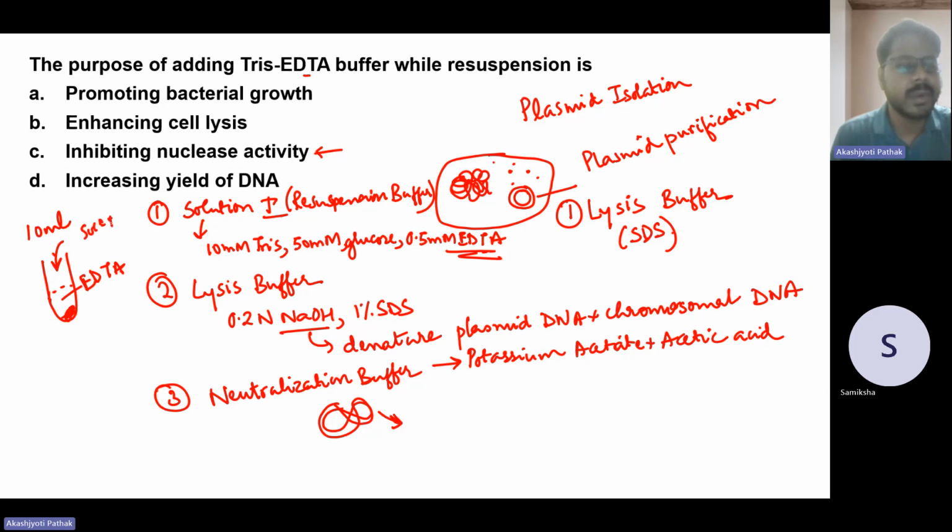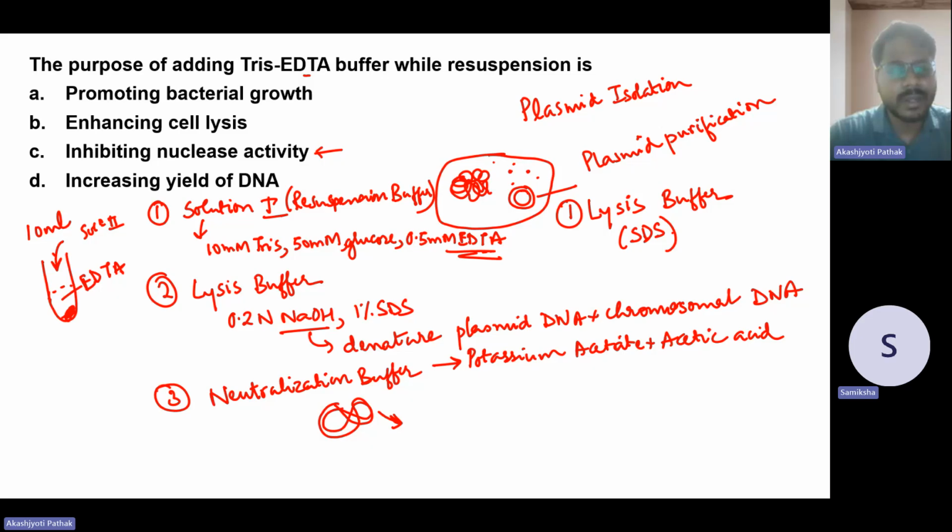So once you add the solution two, your cell gets ruptured. Your cell wall gets ruptured, and all the contents which are present inside the cell come out. So now this EDTA, which was present in solution one, will inhibit the nuclease activity, right? That will inhibit all the DNAs and RNAs activity which are present inside the cell. Is it clear now?